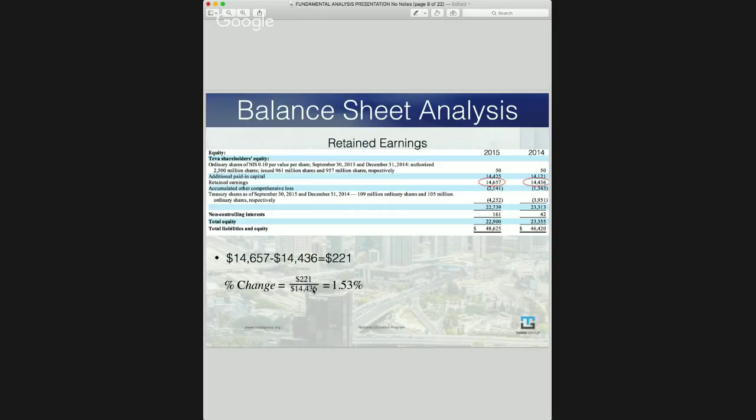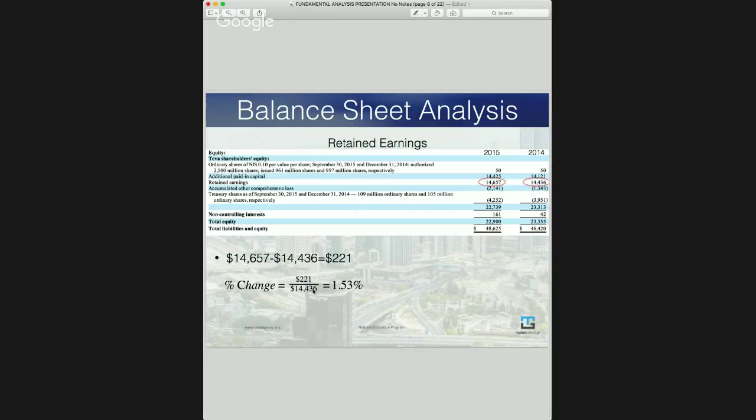Now, how do I know if that 1.53% change is good? If in 2013 they grew at a 0.5% rate, this would be very good news. If I looked at a competitor like the largest pharmaceutical company in the US, Pfizer, and they grew at a rate of 3% last year, I would be worried. Why am I growing slower than Pfizer?